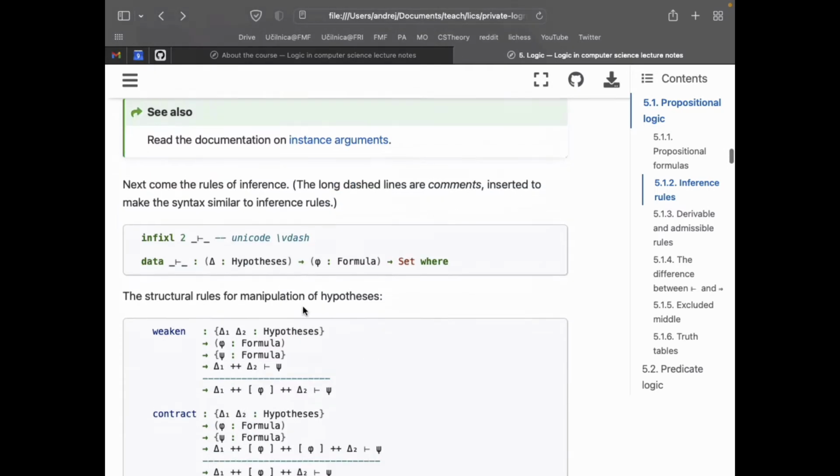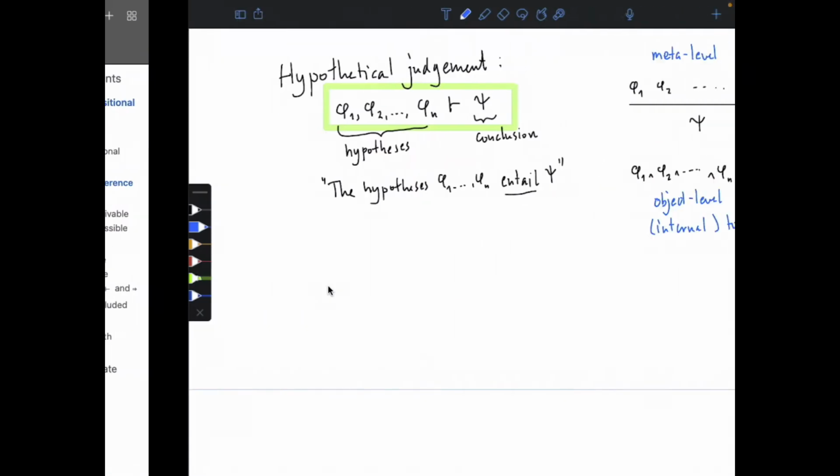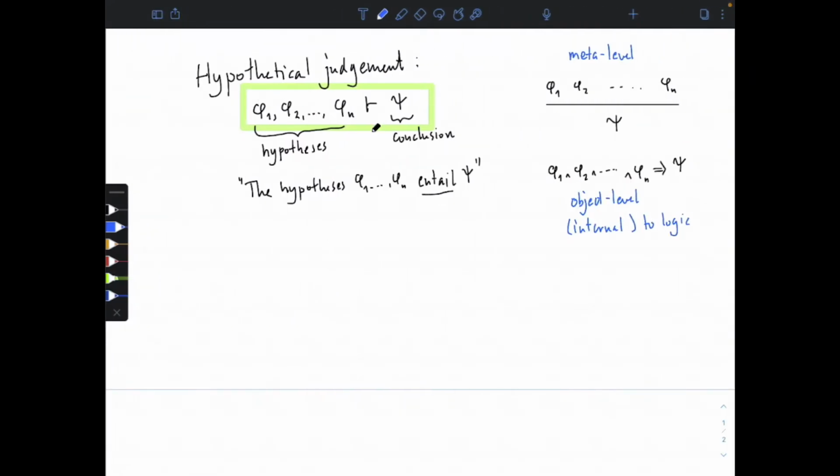Okay, so how do you formalize this here? Well, what we're going to formalize is this thing here, which takes a list of hypotheses and the formula, right?